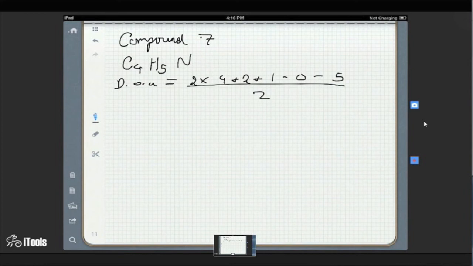That's 11 minus 5, which is 6, over 2, which is 3. You've got 3 degrees of unsaturation.